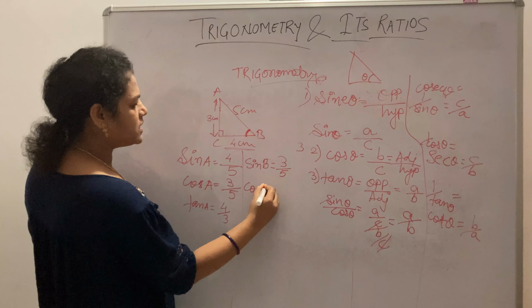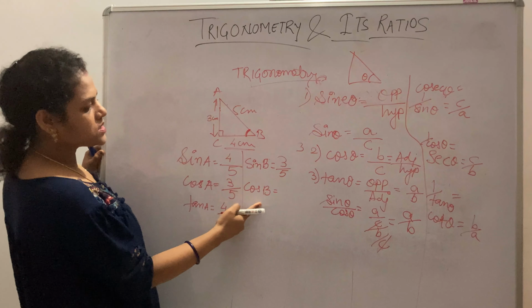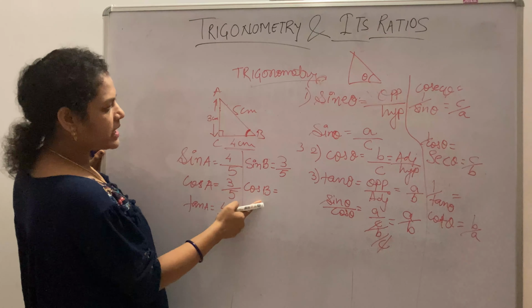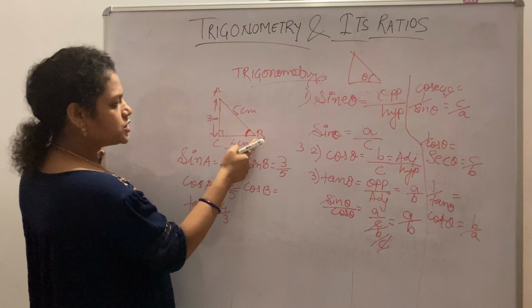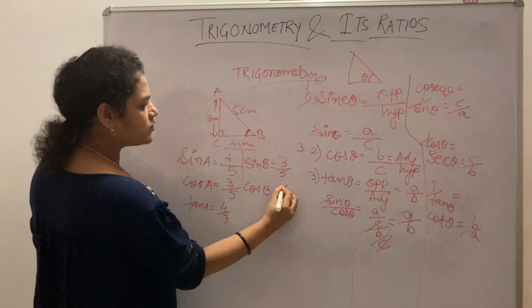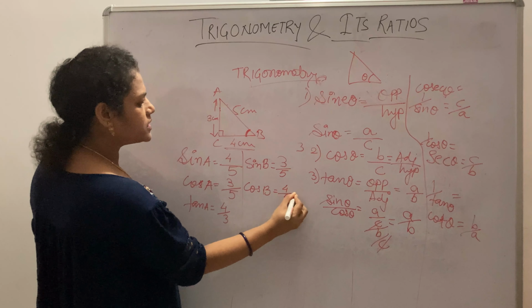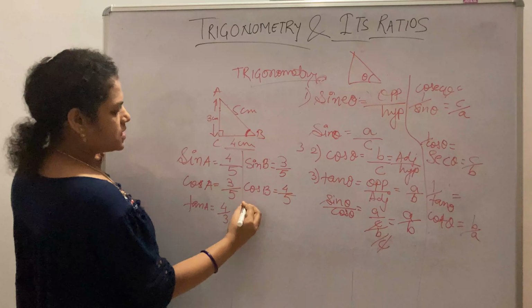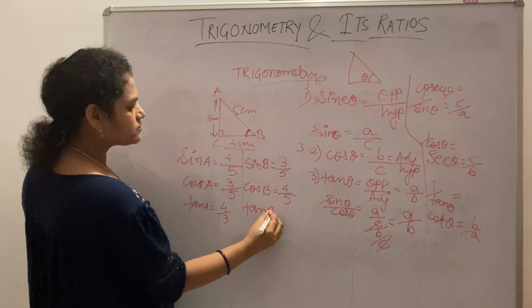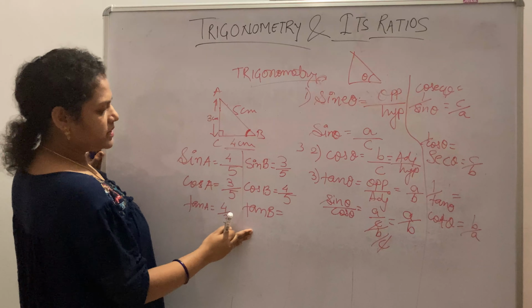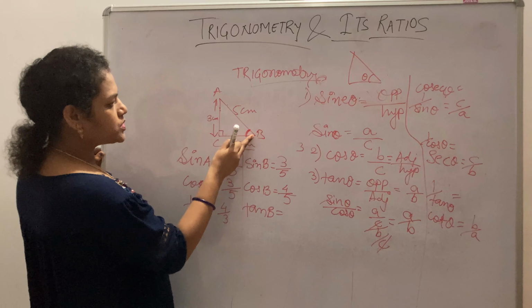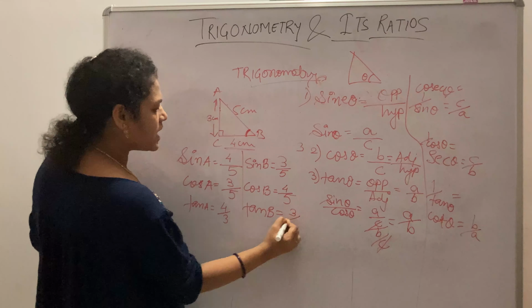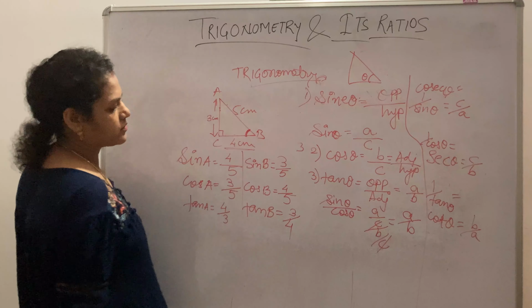Now cos B. Cos B says adjacent upon hypotenuse. So adjacent to this B is what you are finding? 4, right? And your hypotenuse is 5. Now tan B. Tan B means opposite upon adjacent. So opposite to this B is 3 and adjacent is 4.